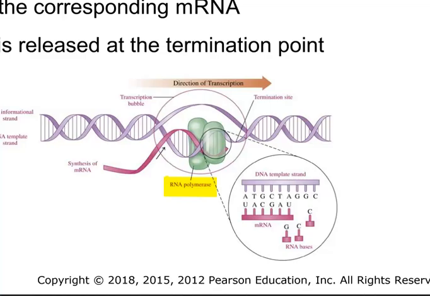In human cells, there are 3 different RNA polymerases. I remember that RNA polymerase 2 is the one that actually synthesizes mRNA. RNA pol 1 and pol 3 are for ribosomal RNA and tRNA. I don't remember which one is which.